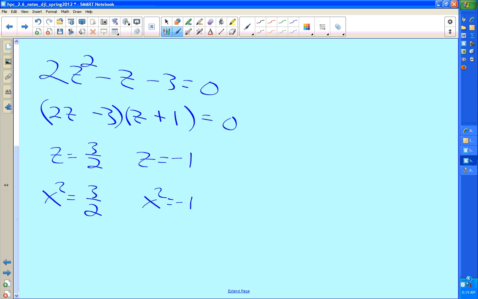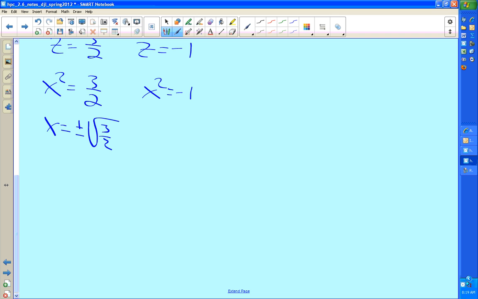If you square root both sides, x is going to equal plus or minus the square root of 3 over 2. Please don't leave your answer like that. It's not an acceptable answer. What do you have to do? You got to rationalize the bottom, so we multiply by root 2 over root 2.